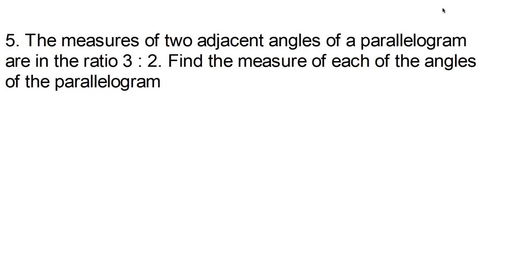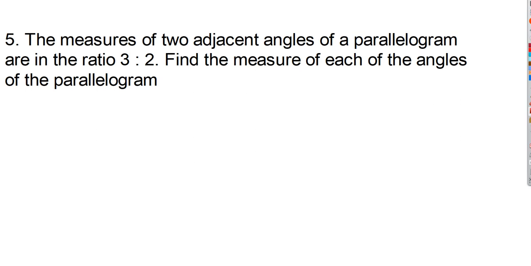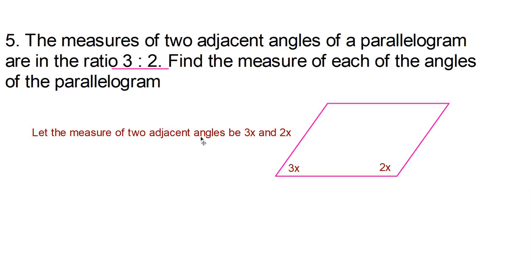Here is the next question. The measure of two adjacent angles of a parallelogram are in the ratio 3:2. Find the measures of each of the angles in the parallelogram. Since the ratio is given as 3:2, you can take the angles as 3x and 2x. First, you can write let the measure of two adjacent angles be 3x and 2x.